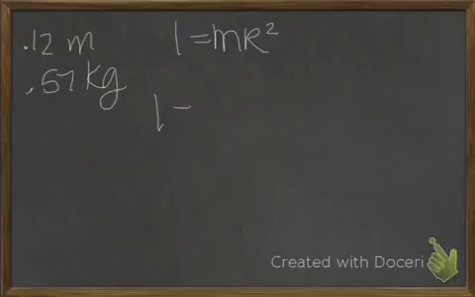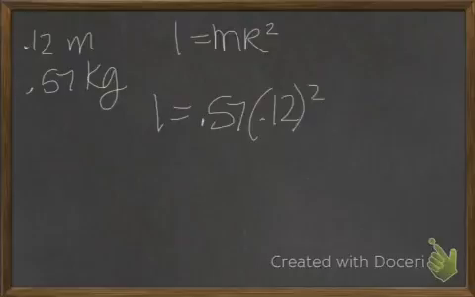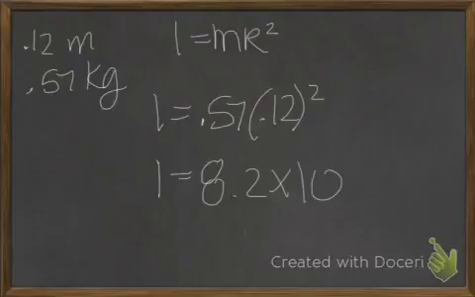Plugging that in, we get inertia equals mass of 0.57 times the radius of 0.12 squared. 0.12 squared is 0.0144, times 0.57. Moment of inertia equals 8.2 times 10 to the negative third.